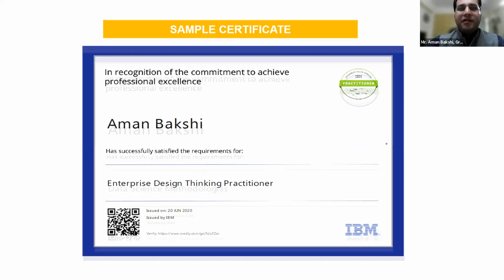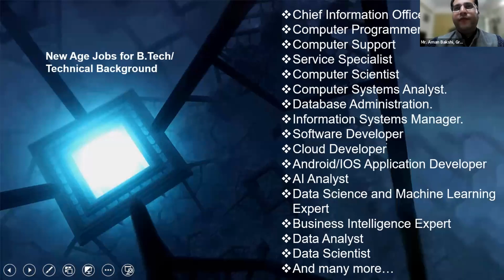So these are the new-age jobs for technical background students. Before Corona, it was said that operators and technical support were quite good jobs. But these days, data scientist, AI expert, blockchain expert, and not only that, data analyst are among the main roles in the market right now.